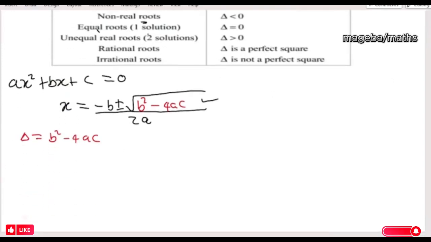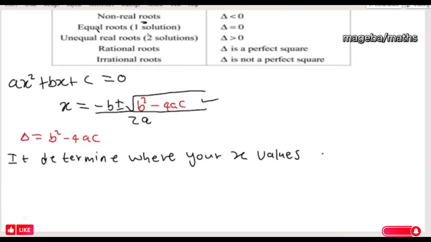In other words, let me write this down. It determines whether your x values are real or non-real, or rational or irrational.